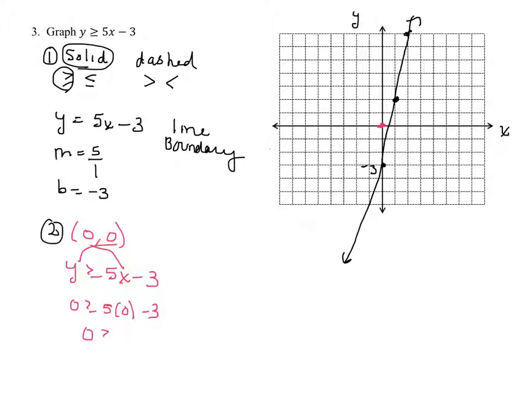Is 0 greater than or equal to -3? Yes. So we're going to shade in this direction. Okay, so I do my little shading glasses. Get it? Shades. All right, next.